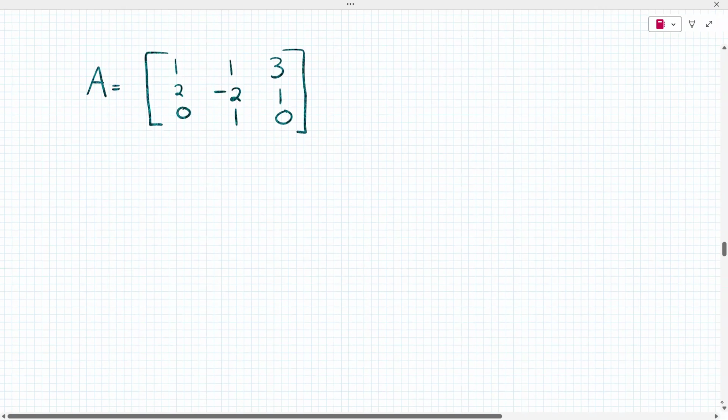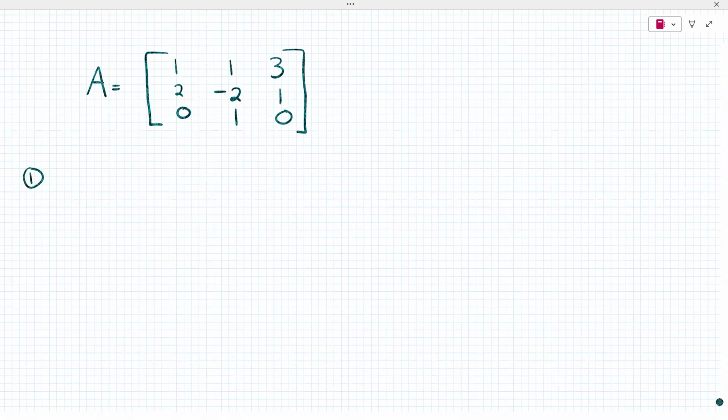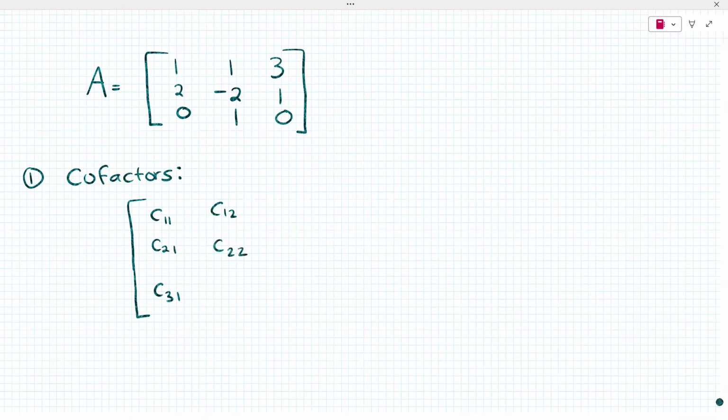So we have this matrix A, 1, 2, 0, 1, -2, 1, 3, 1, 0. And what I would do first is step one, find the cofactors. This would be, so it's 1, 1, 2, 2.